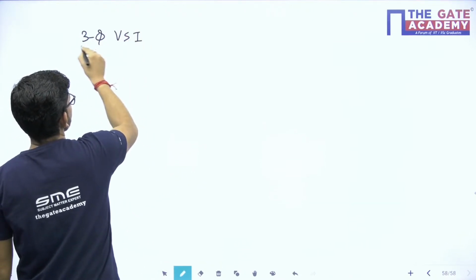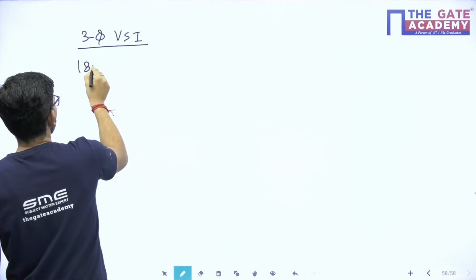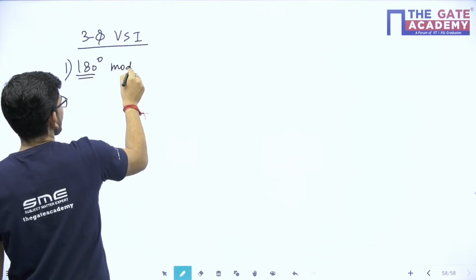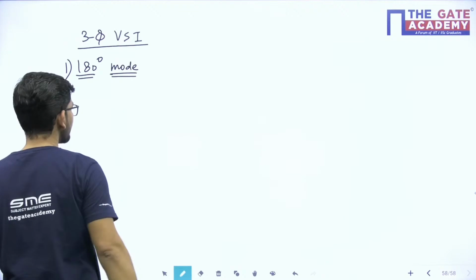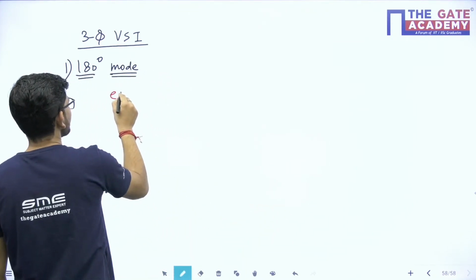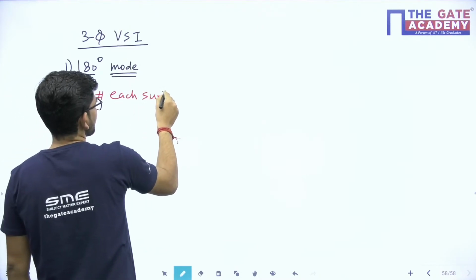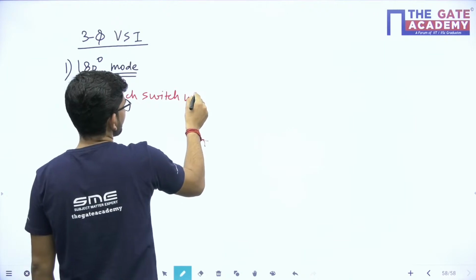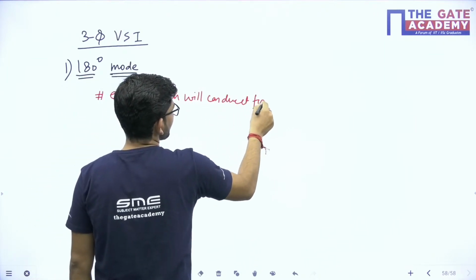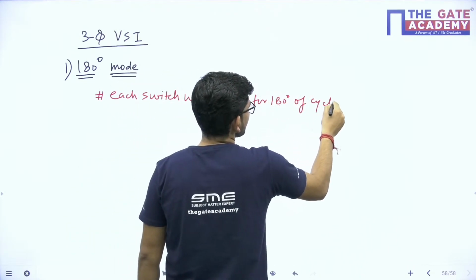The 3-phase VSI. In the 3-phase VSI, we first have the 180-degree mode inverter. What happens in the 180-degree mode inverter? Each switch will conduct for 180 degrees of a cycle.